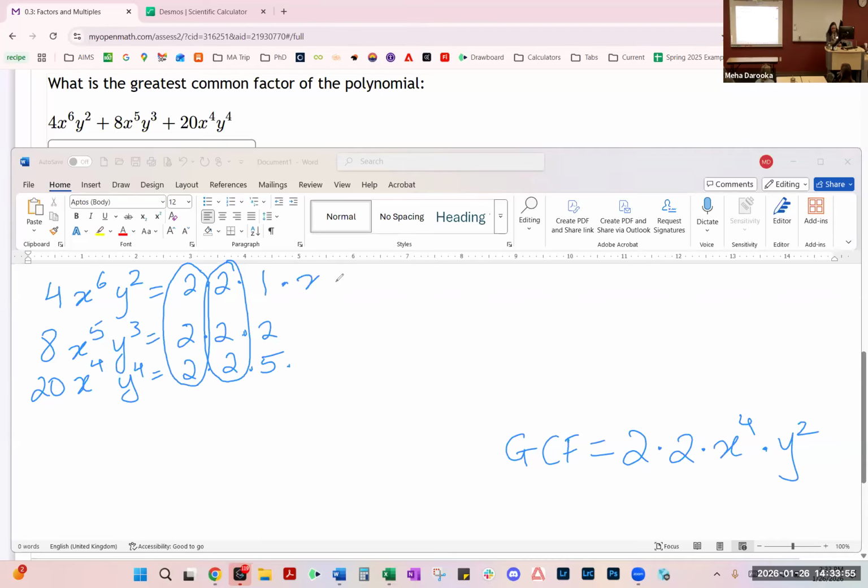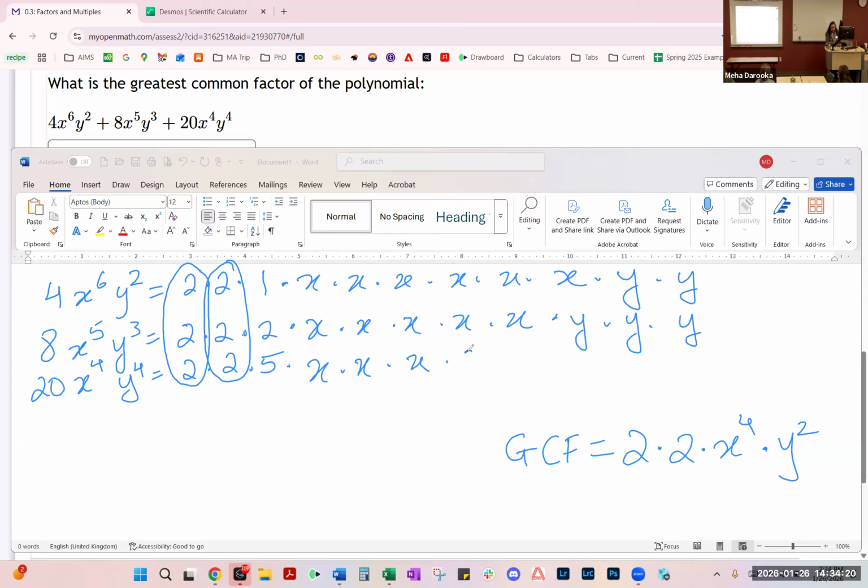So you have x to the 6, so that's 1, 2, 3, 4, 5, 6. And then you had y to the 2nd. Then let's see, you had x to the 5th for the next one. So that's 1, 2, 3, 4, 5. And then we had y to the 3rd. So 3 of these guys. And then for the last one, you had 1, 2, 3, 4, and 1, 2, 3, 4.